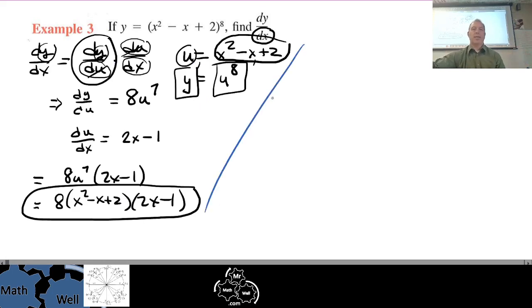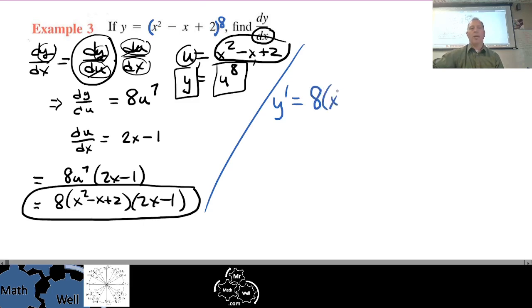Let's do it like we're going to find straight y prime, okay? You have noticed that we have an outside function, I'll highlight it in blue, that is like blob to the power of 8, right? Whatever, it's just a blob right here. Blob to the power of 8. So that's our outside function. And I'm going to leave everything inside alone for now, and I'm going to do chain rule.